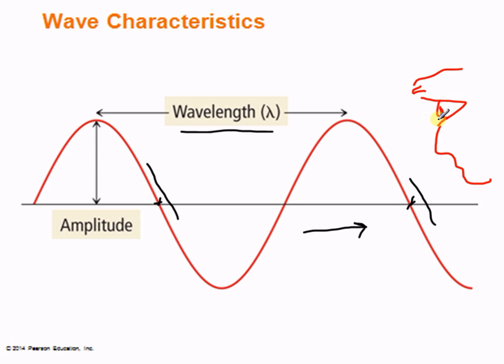Anyways, if the observer is fixed on this point, he can measure the time that it takes for the following equivalent point in this curve to arrive here, right? And that time is what we call the period of the wave.